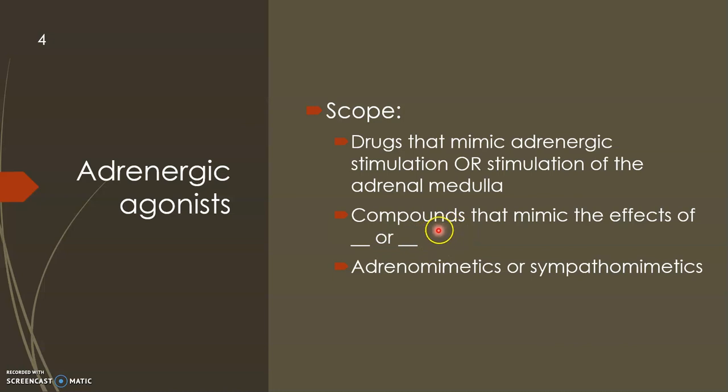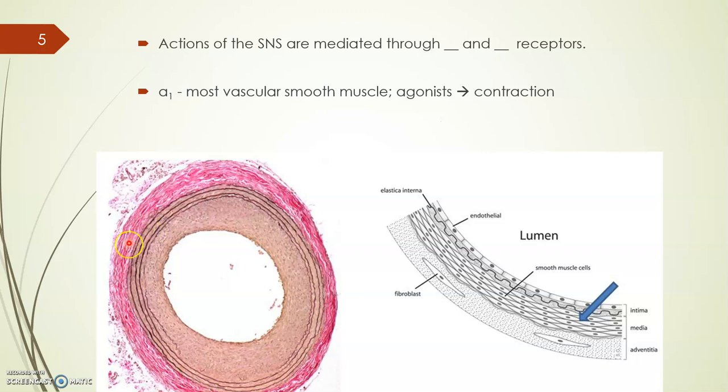So drugs that have an effect similar to adrenaline and noradrenaline are called adrenergic agonists. And these drugs are also known as adrenomimetics or sympathomimetics. Okay, adrenergic agonists, adrenomimetics, and sympathomimetics.